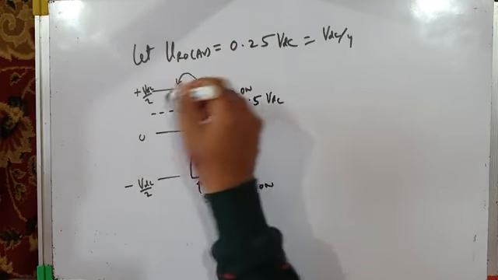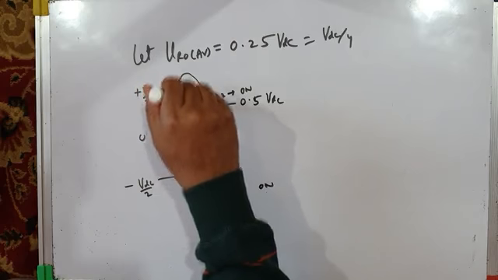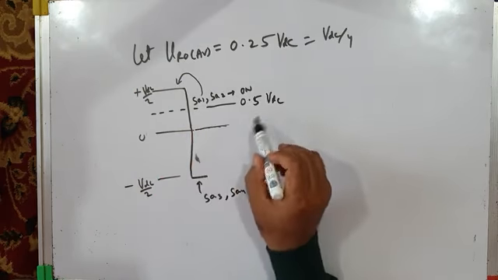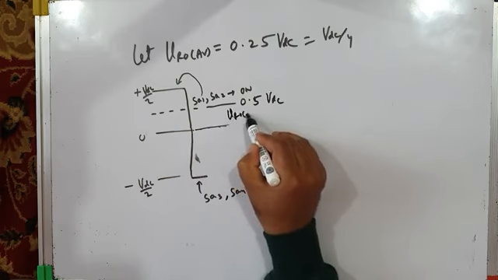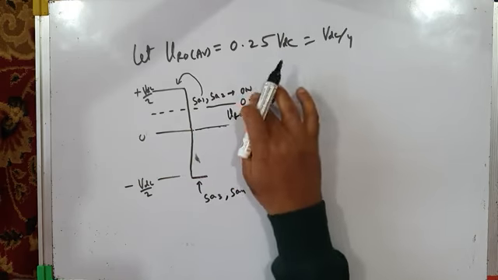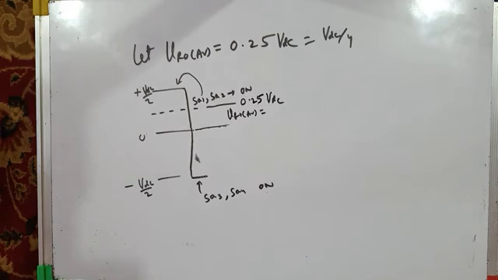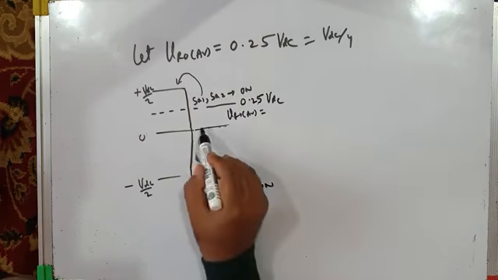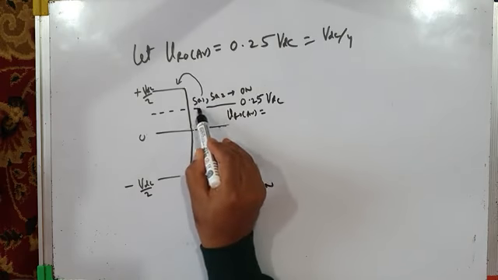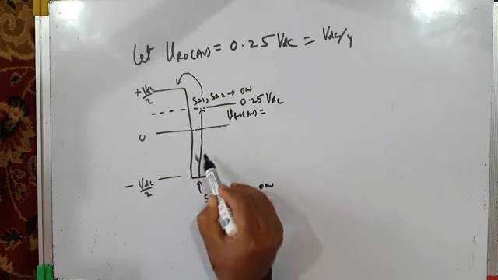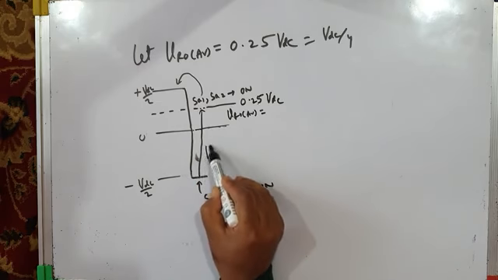The average voltage will be positive because plus VDC by 2 is there for more time and minus VDC by 2 is for less time. So you can produce an average pole voltage, VRO average, equal to 0.25 VDC. It's not 0.5 VDC, it's 0.25 VDC. This is how a two-level inverter can create it. But there is a huge error. For example, your desired output voltage is 0.25 VDC and the error is this, the error voltage, V error.